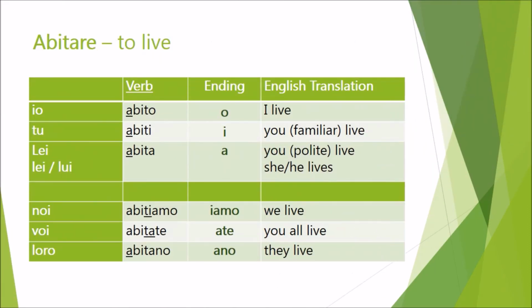Now we're ready to go through our chart. Let's do the whole thing together. Abitare, to live. Io abito, I live. Tu abiti, you live. Lei, lui abita, you polite live.